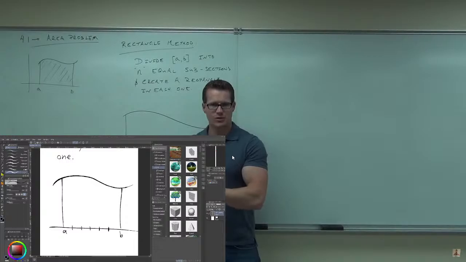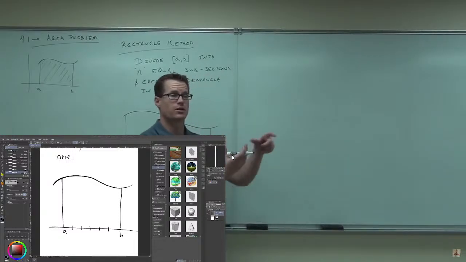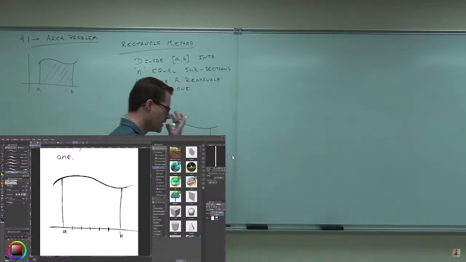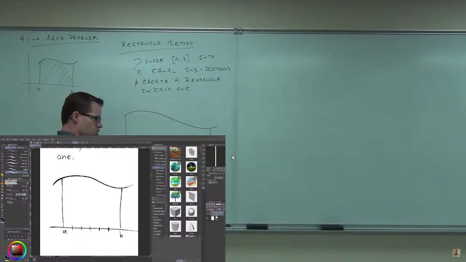But right now, let's just assume we have some equal widths. So our bases are all the same. Our rectangles, equal bases means they're easy to add together. That's basically it. So for each interval, subinterval, let's make a rectangle. Now there are several ways to do this. I'll show you one way.